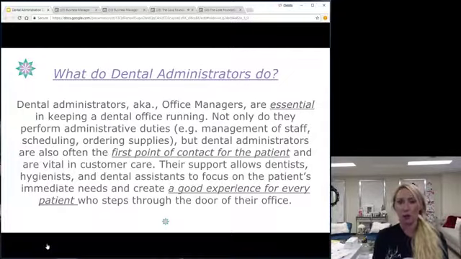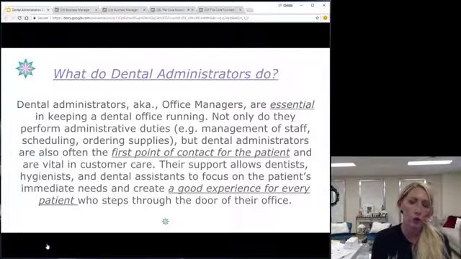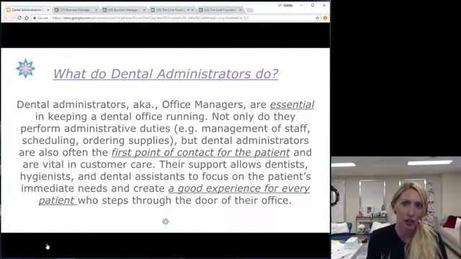Dentists oftentimes are so busy managing patients and the care of patients, which they should be, and your responsibility is basically to manage everything else.